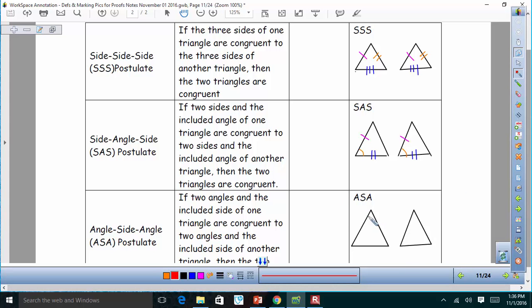So let's say this angle and this angle were congruent, and then this angle and this angle were congruent. Then the side that connects those two would be this side. Okay, questions so far?